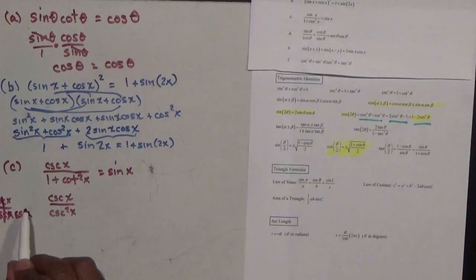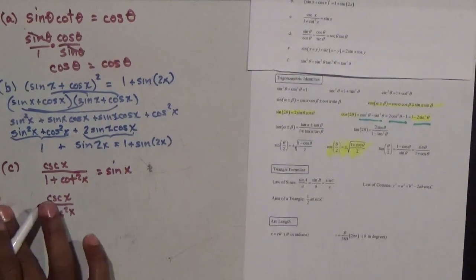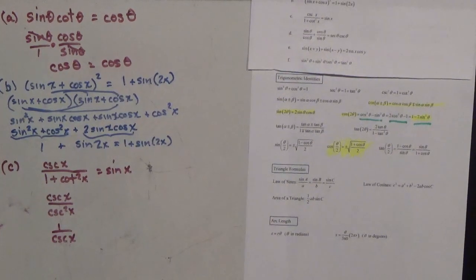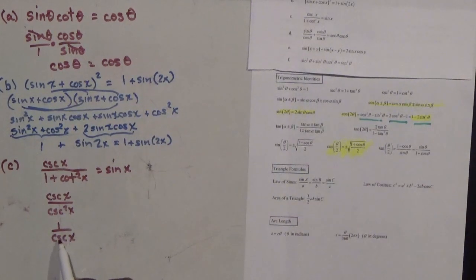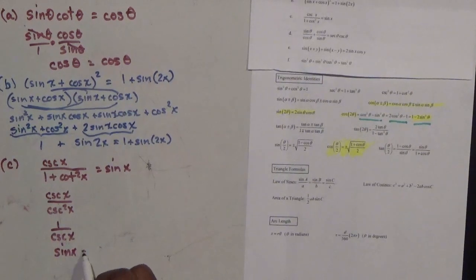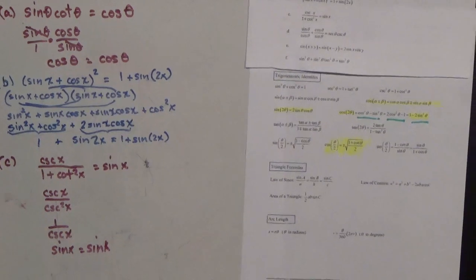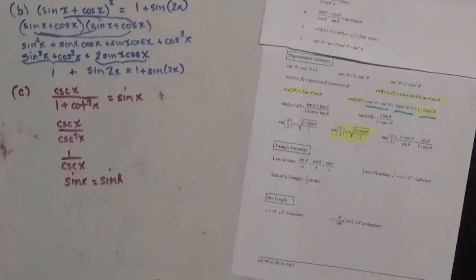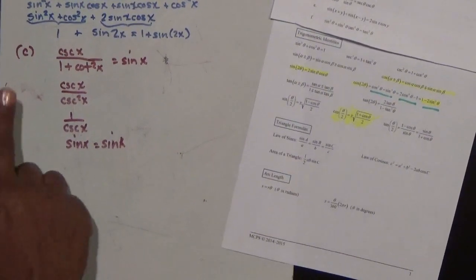So I cancel that, and I have 1 over cosecant x. And the reciprocal identity, which is not on this page, but you should know what cosecant goes with, that is just sine x. And sine x is equal to sine x, and we're done. Keep it going.